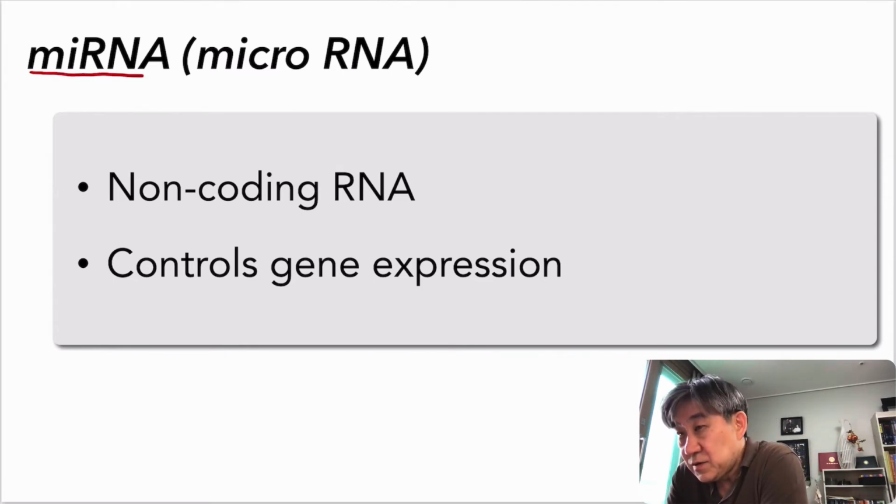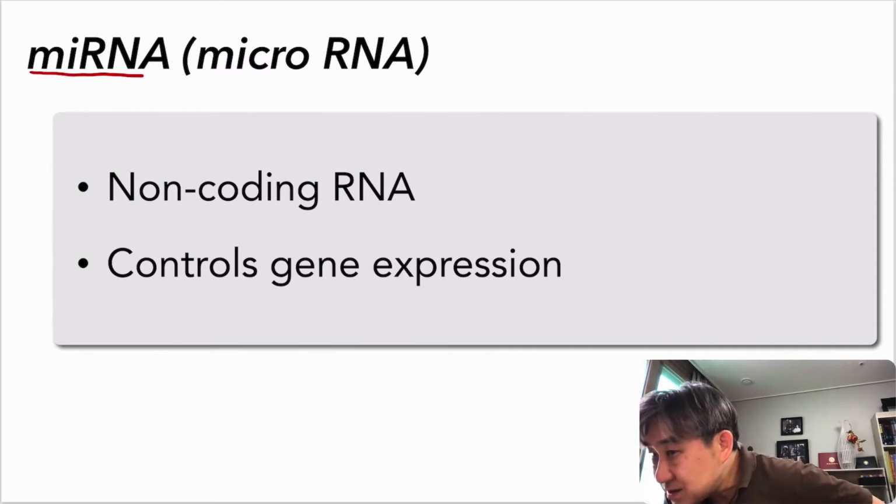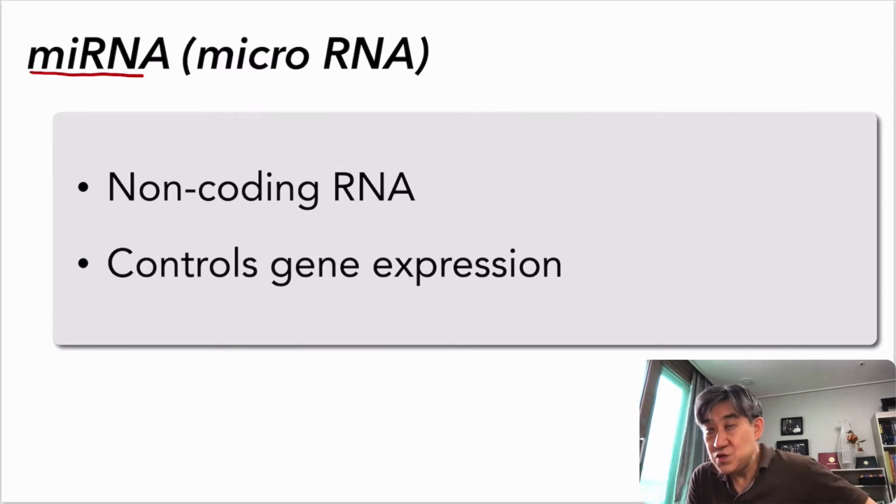MicroRNA is a kind of new kid on the block, so to speak, and its existence only became known to the scientific community, I guess, in the early 1990s, so it's a relatively very new discovery. And it is a non-coding RNA too. Yes, it is non-coding RNA, but it has a very interesting feature as a non-coding RNA.